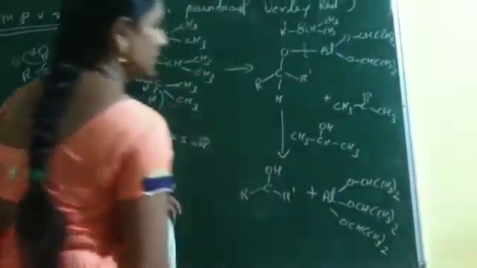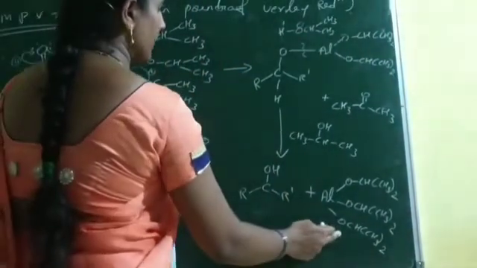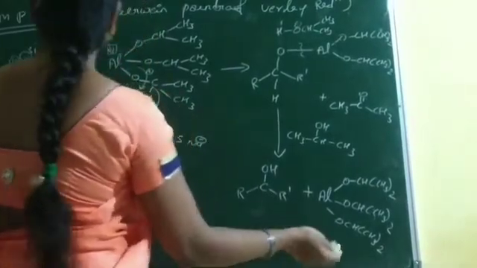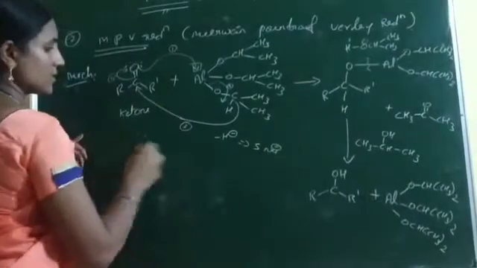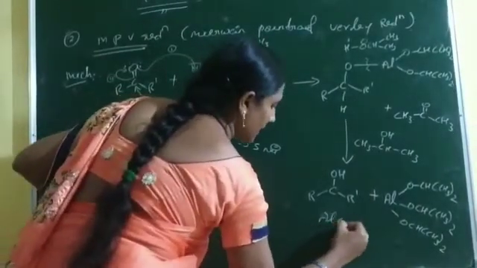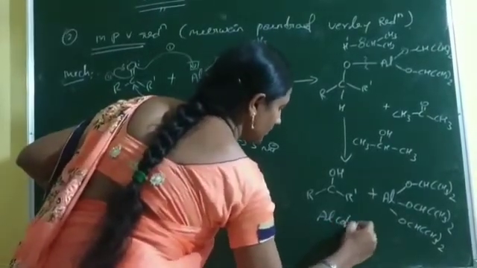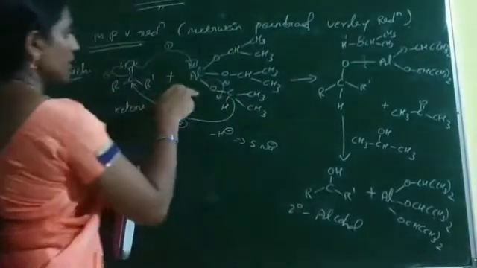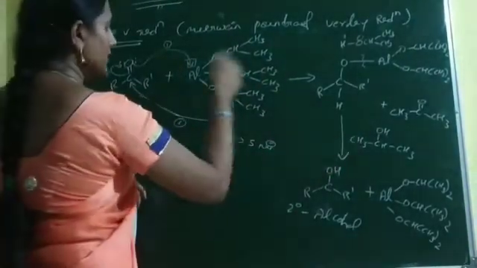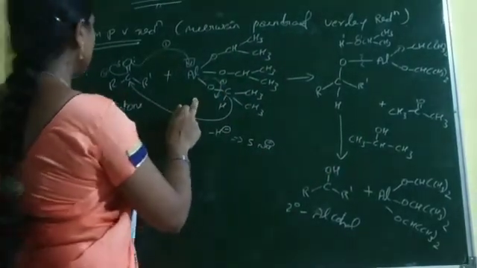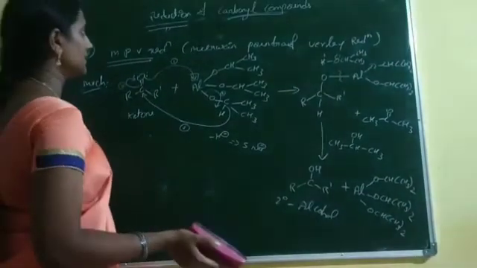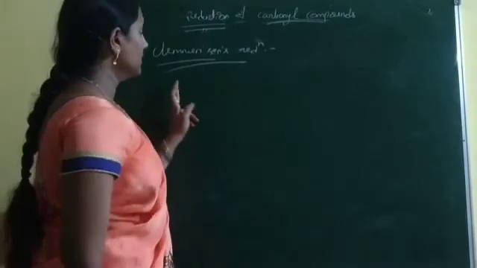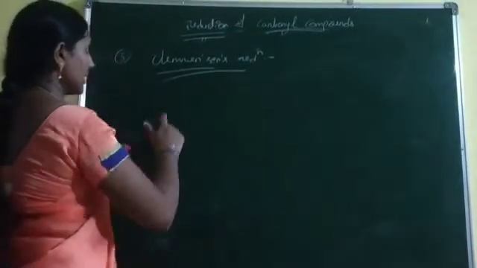Now we observe aluminium isopropoxide without any loss. Now you take ketone. Now ketone turns to secondary alcohol in the presence of isopropanol and aluminium isopropoxide. This is the MPV reduction. Now you will discuss another reduction of carbonyl compounds, the Clemmensen reduction.